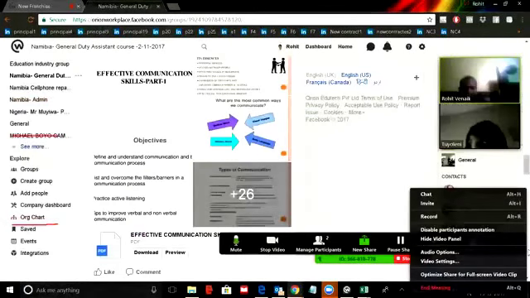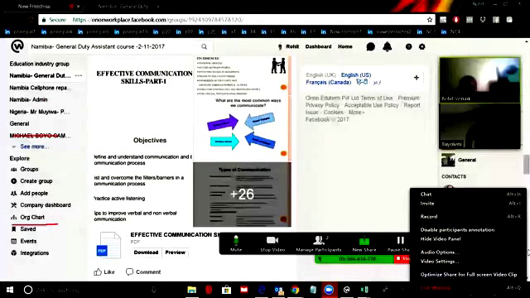Now, when the faculty teaches anything, we have a discussion over here of the group. When the faculty or the teacher teaches anything, he puts the PPTs after the class and the video also of that teaching for the student to refer to later on.